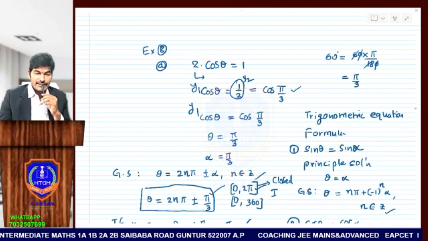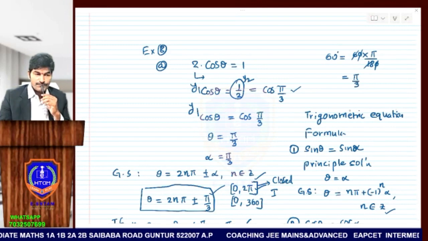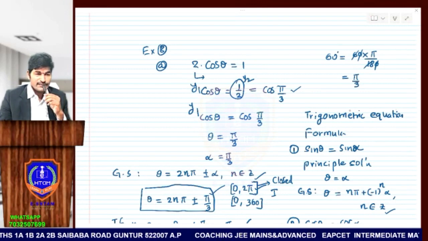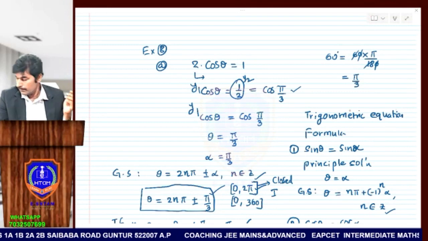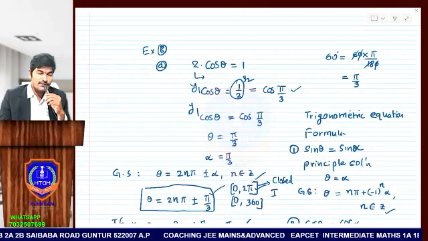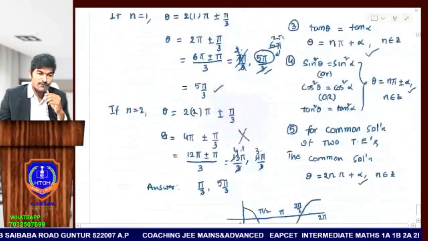You need to identify the solutions with the graph. Why can't we say it is just y? Because these are two different values. So y1 equals cos theta, y2 equals 1 by 2.